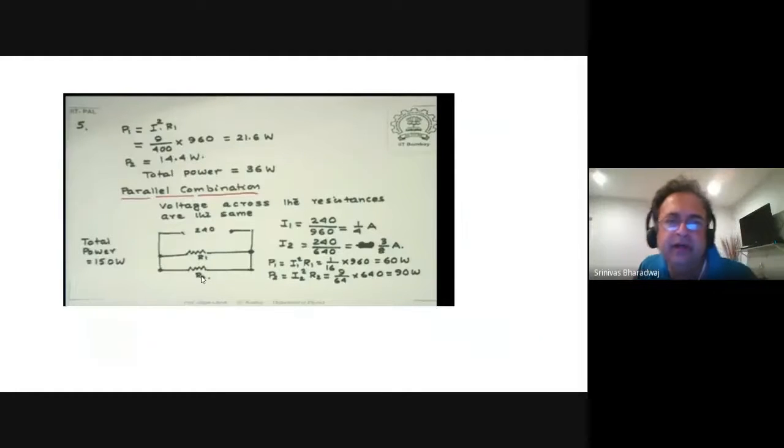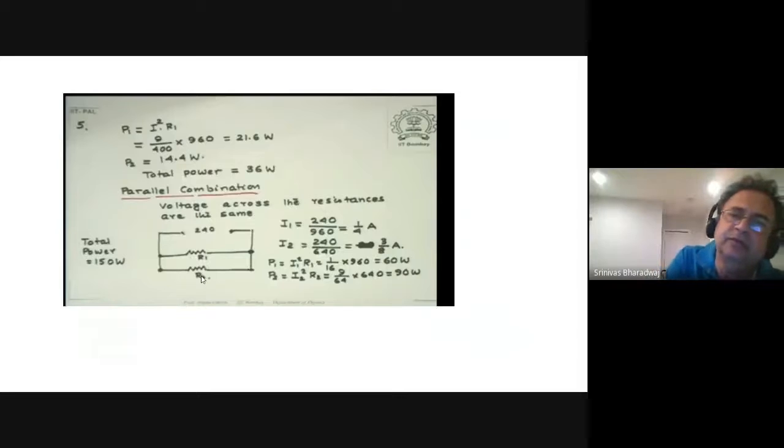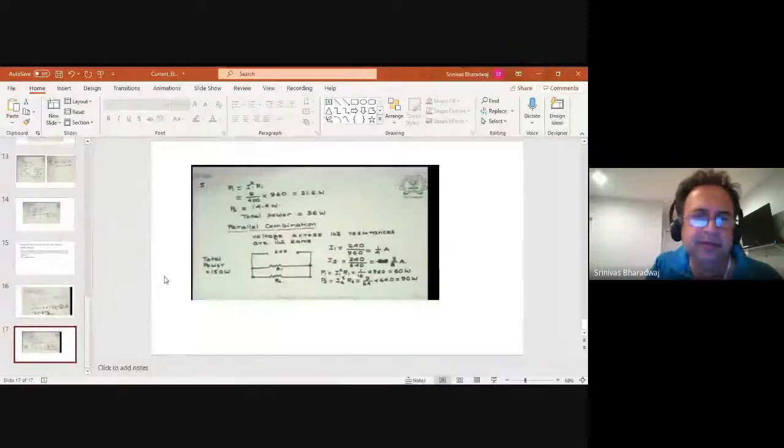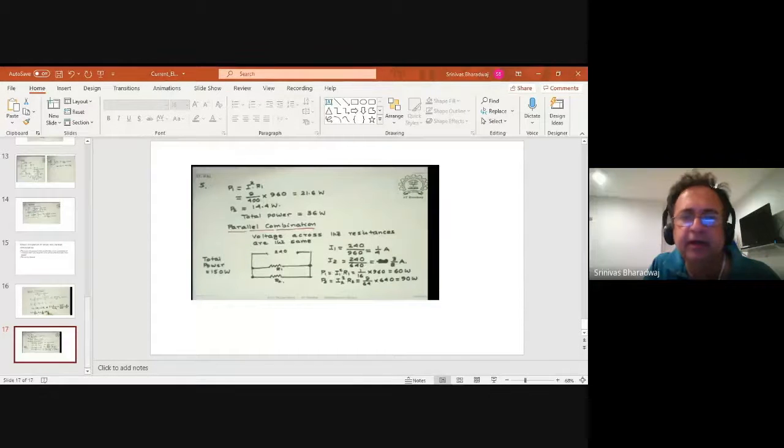R1 seems to be 960, R2 is 640. So the current through each of them is I1 equals 240 by 960 and 240 by 640. So you have 1 by 4 amps, 3 by 8 amps, then you do I square R across each of these. That is how you solve these problems. These are much simpler problems than you would otherwise find.